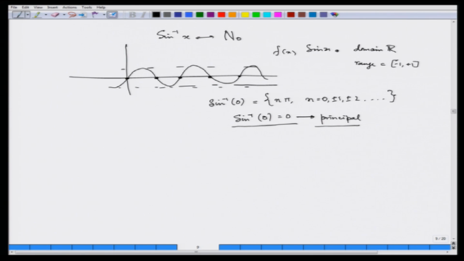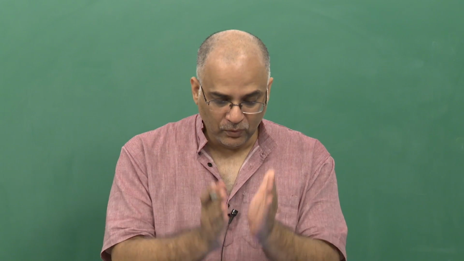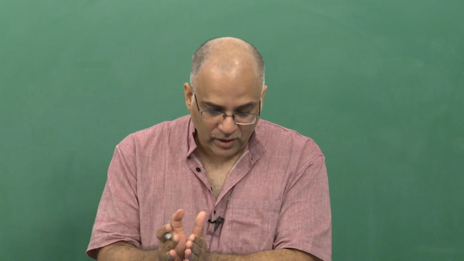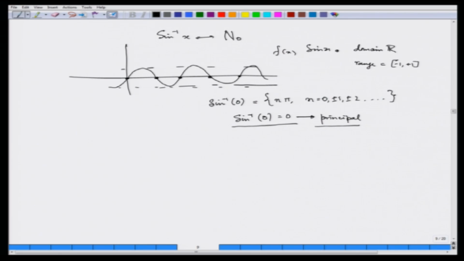Inverse trigonometric functions can never be functions, they are so-called set valued maps. When we write sin inverse x equal to y, we are essentially talking about only one of these values, the first value or base value, which is called the principal value. So, inverse trigonometric functions are not functions.